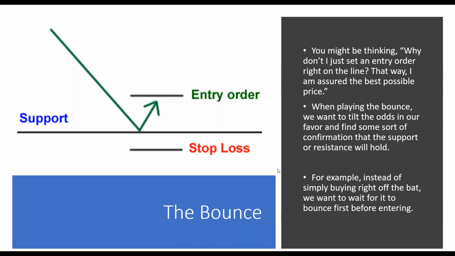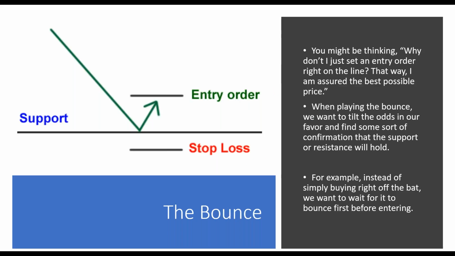When playing the bounce, we want to tilt the odds in our favor, and that's very important, and find some sort of confirmation that the support or the resistance will hold. For example, instead of simply buying right off the bat, we want to wait for it to bounce first before entering.